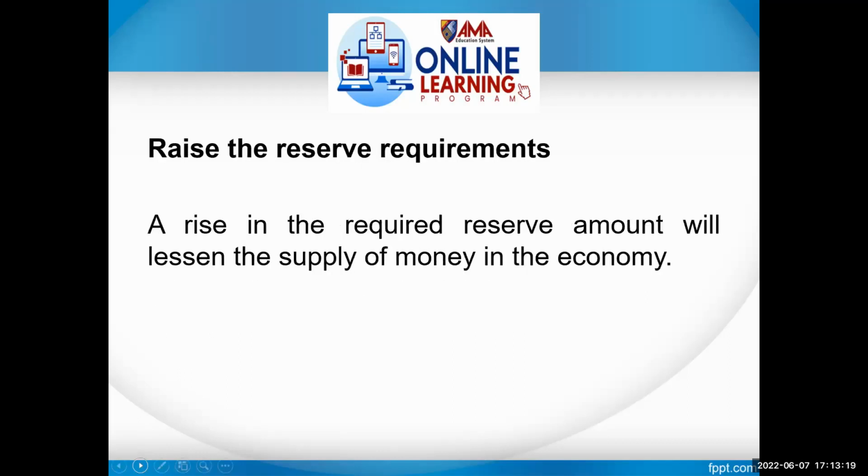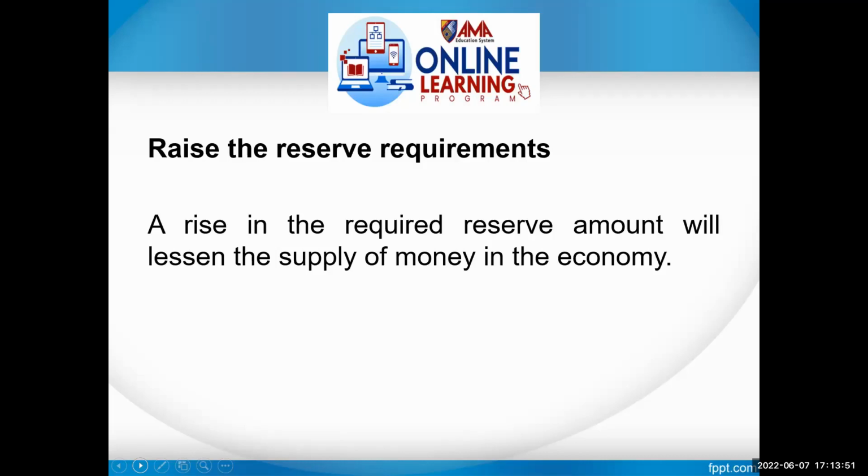Second, raising the reserve requirements. We all know that there is a specific requirement of money to the circulation. When there is a rise in the required reserve amount, it will lessen the supply of money in the economy. When we say reserve in the central bank, we have a specific amount to be reserved, and even in the banks.